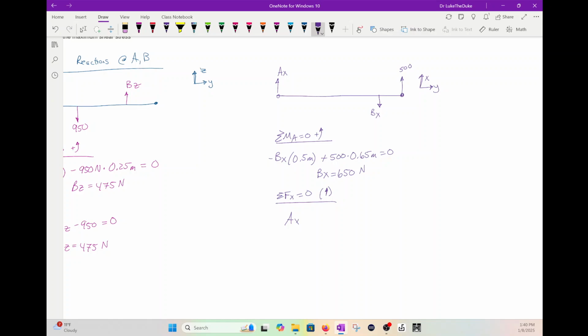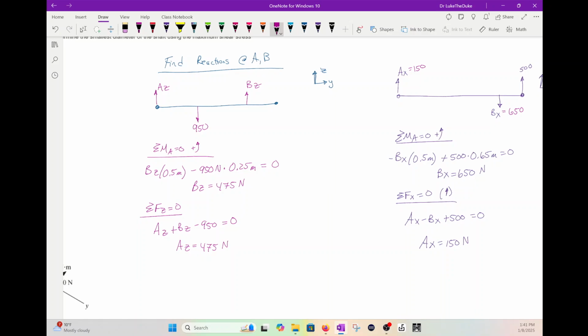We have AX minus BX plus 500 equals 0. And AX becomes 150 newtons. Great. So let me just put those in. 150, 650, go over here. AZ was 475, and this is also 475.